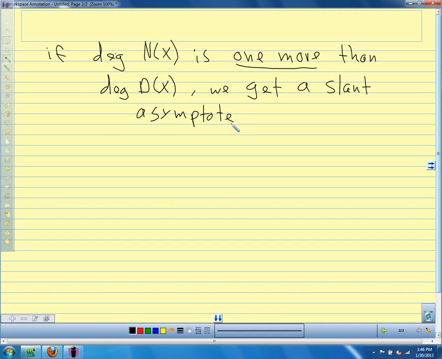And we find the slant asymptote by using long division. So if the degree of our numerator is 1 more than the degree of the denominator, we have a slant asymptote. And a slant asymptote just means rather than a horizontal line, our asymptote is some slanted line. And we find the equation of that slanted line by using long division.